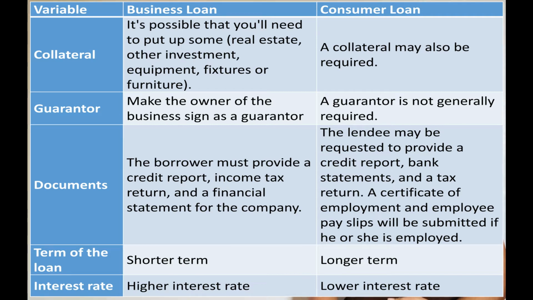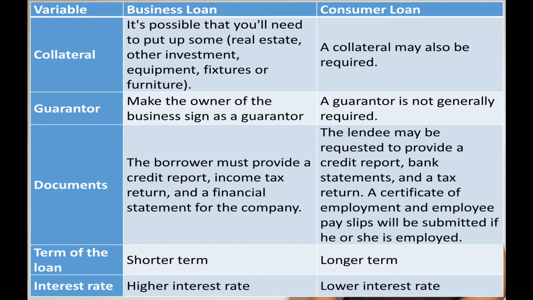A certificate of employment and employee pay slips will be submitted if he or she is employed. About the term of the loan, a business loan has a shorter term compared to that of a consumer loan. Meanwhile, a business loan has a higher interest rate compared to a consumer loan.